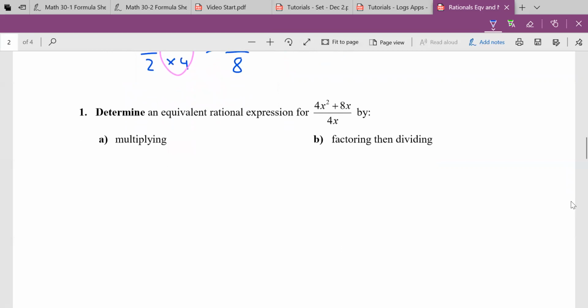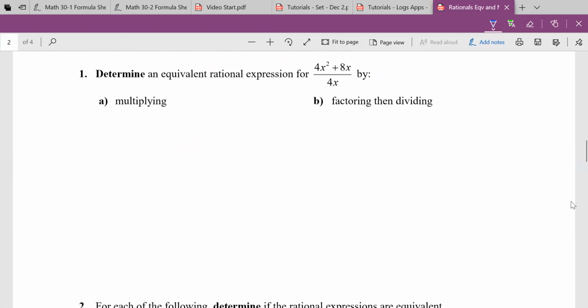Well, let's go ahead and look at something in grade 12 now. A rational expression, 4x squared plus 8x divided by 4x. It says, let's find an equivalent rational expression. Well, what we could do is take our given expression and multiply it by any number we want.